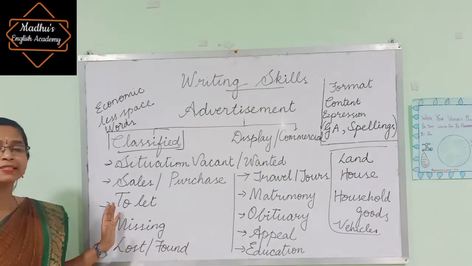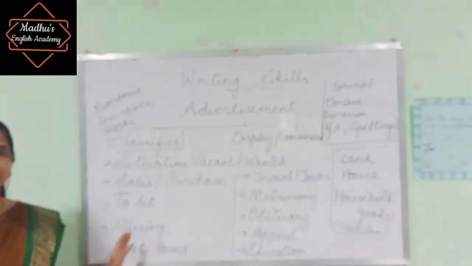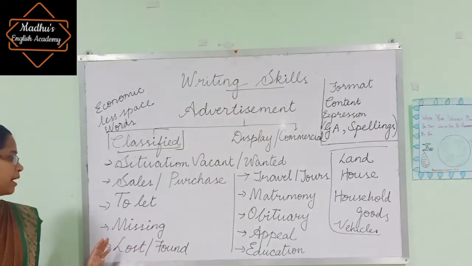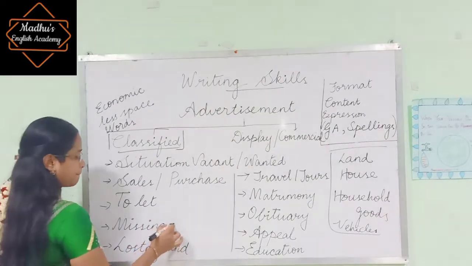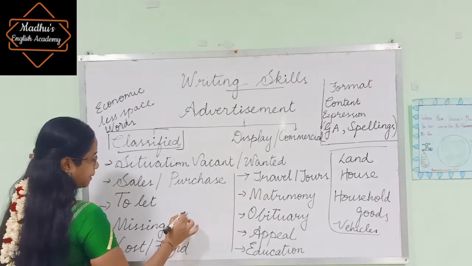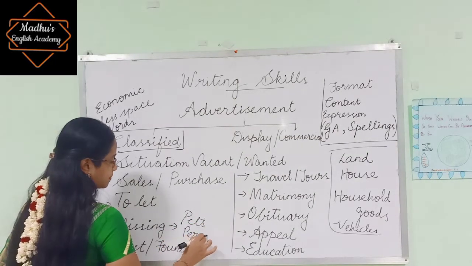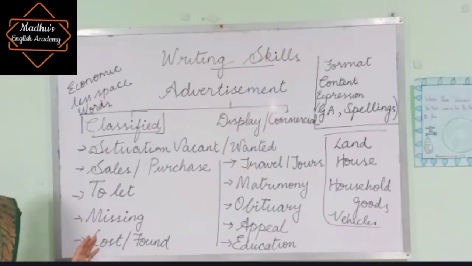Alright. Next it is to let. When you have a house or if you are looking for a house, you can use the to let column. And missing. Missing is for pets or persons. In case any important thing or any documents are missing, you can mention it in the lost or found column.